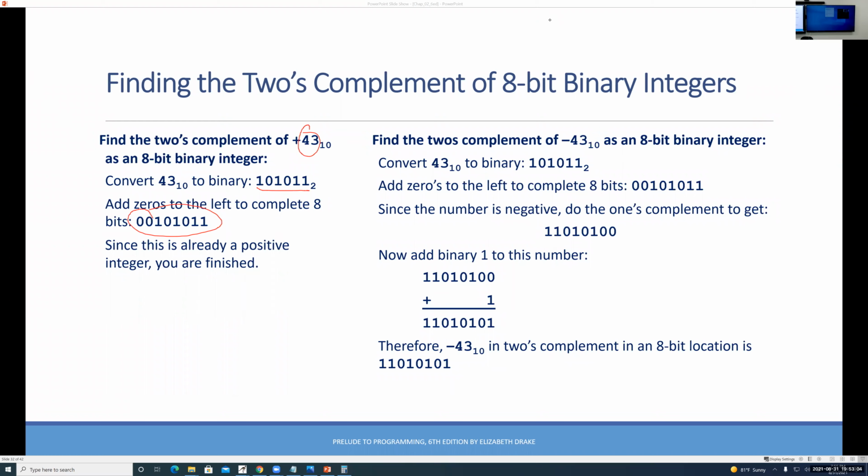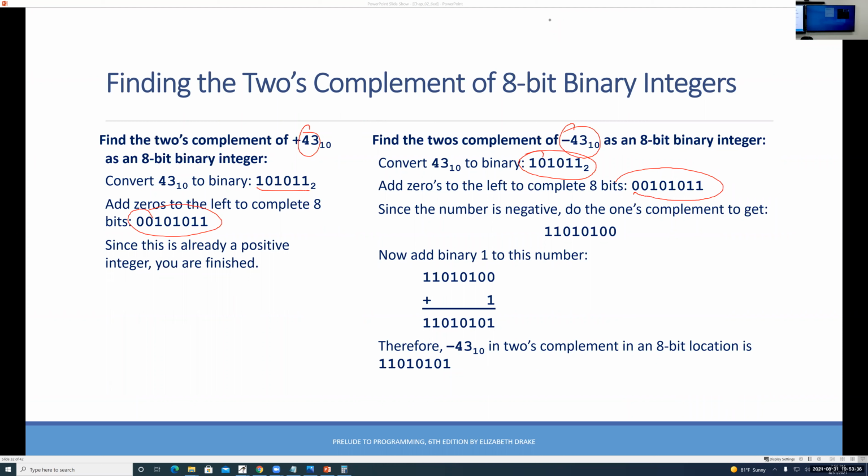Now, in the case of negative here, the first thing, convert 43 to binary. That is the first step. Now, you add 0s to the left to make it up for the 8-bit here. Now, you're done with the negative 43 when you convert it to binary. Now, you have to figure out the 1's complement. That is the second step.